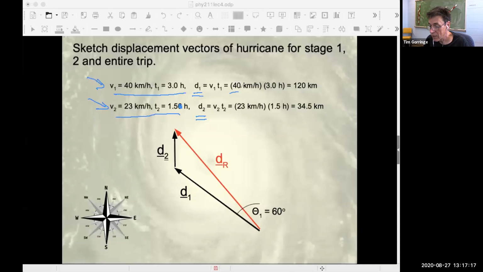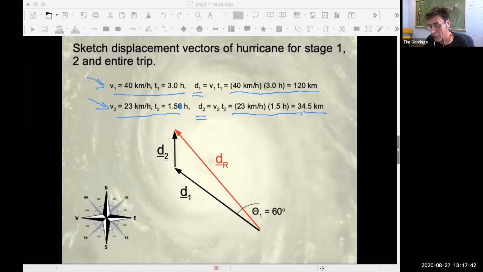Look, the speed times the time gives me 120 kilometers for the first displacement vector. Speed times time gives me just under 35 kilometers for the second displacement vector. And so I know the lengths of the displacement vectors. I do know their directions, right?